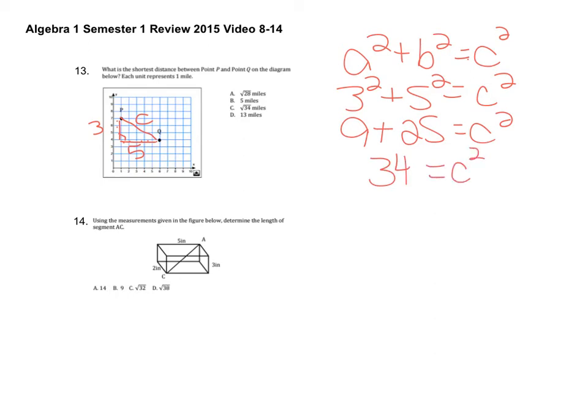Now typically we would plug this in the calculator and find a decimal, but if you look over here, they didn't give us decimals. If c squared is 34, then c is the square root of 34. Since this didn't go nicely, they just left it as a square root. So the square root of 34 miles is the distance between P and Q.